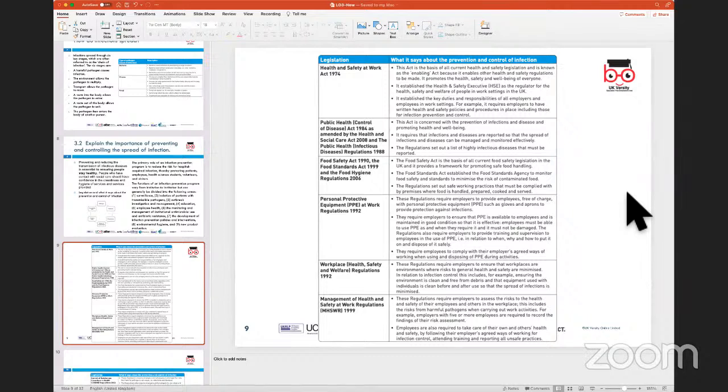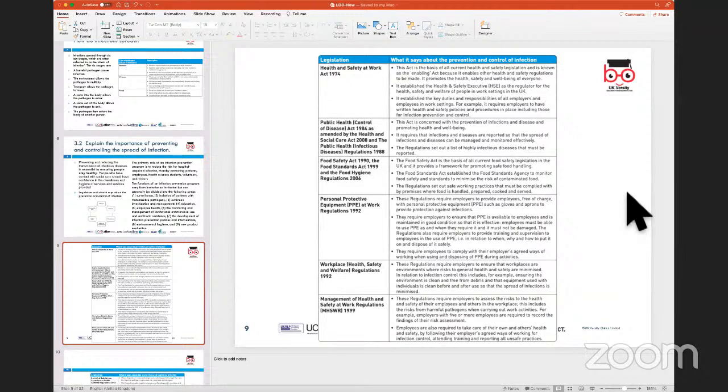So when you look at the Health and Safety Act, the basic implementation of this is that an employer, when you work within an organization, has to ensure that the premises that you're working in are safe and clean, both for the employee and the employer.